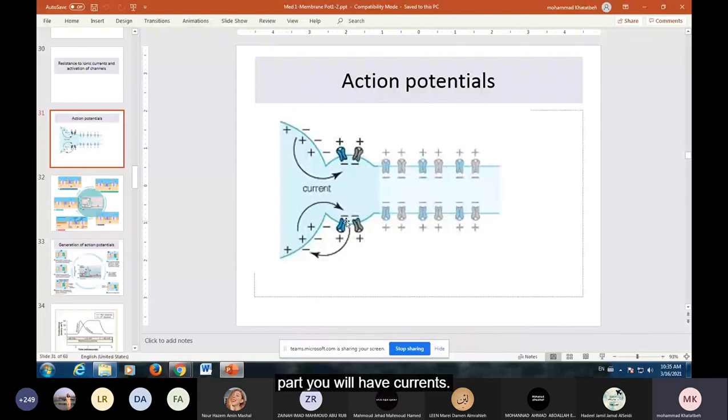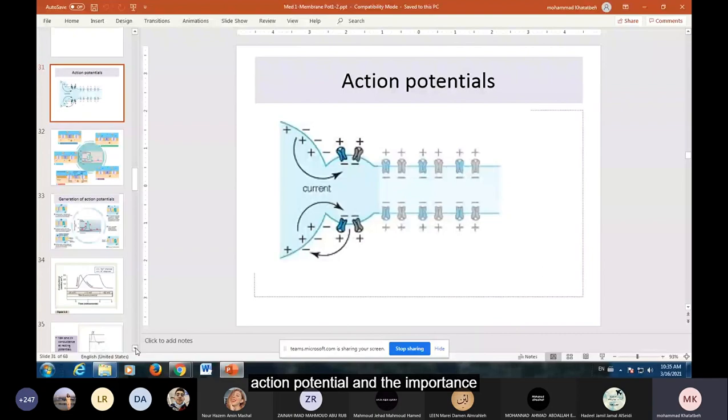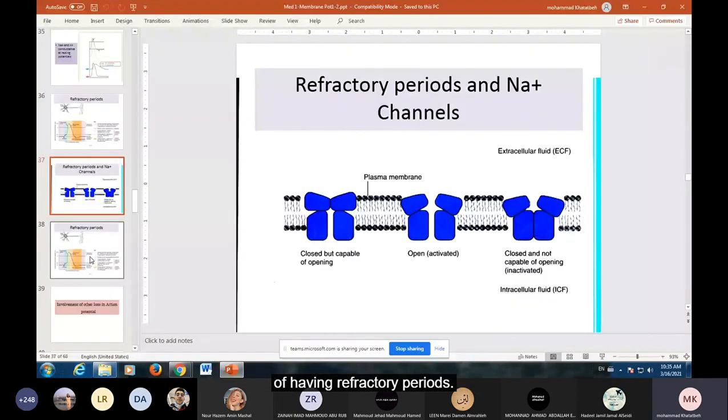You will have currents, but these currents are not capable of reopening the sodium channels again, forcing the action potential which has been generated to move in one direction only. You will understand that when we talk about propagation of action potentials and the importance of having refractory periods at the membranes of excitable cells.